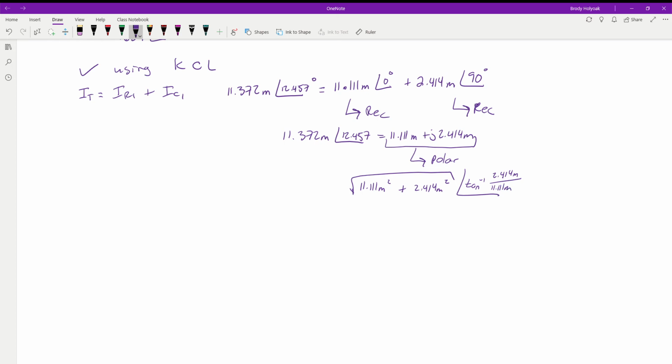And so we end up with 11.370 milliamps at 12.258.